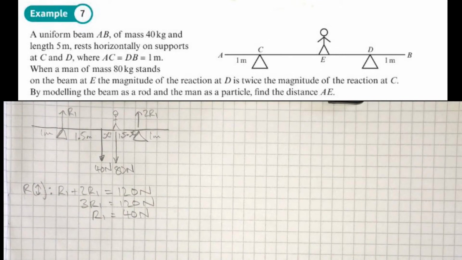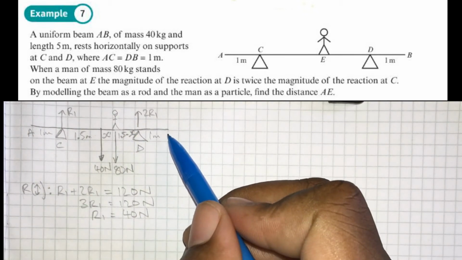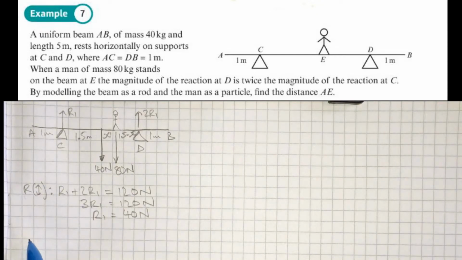Next is taking moments and just choosing somewhere smart to center those moments. We can take moments around C. Actually, let me just label all of the points on the diagram. That's it.